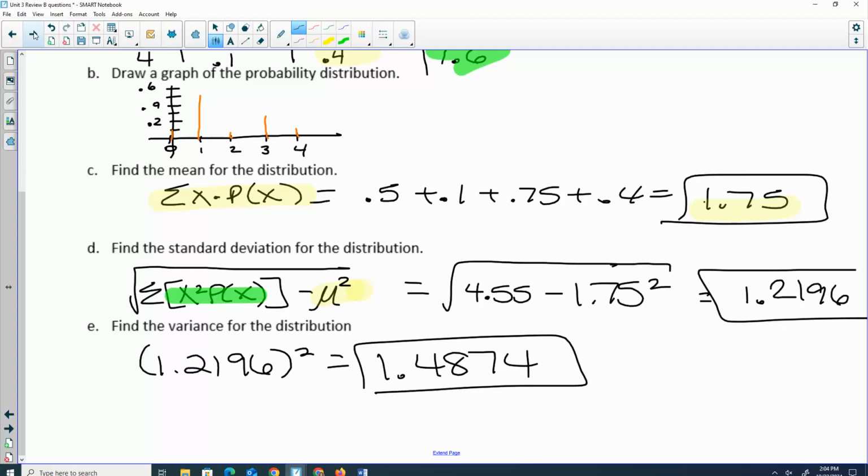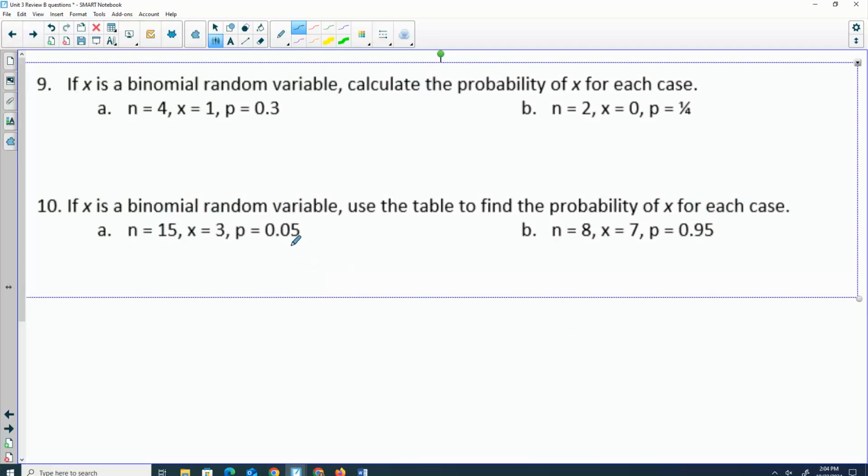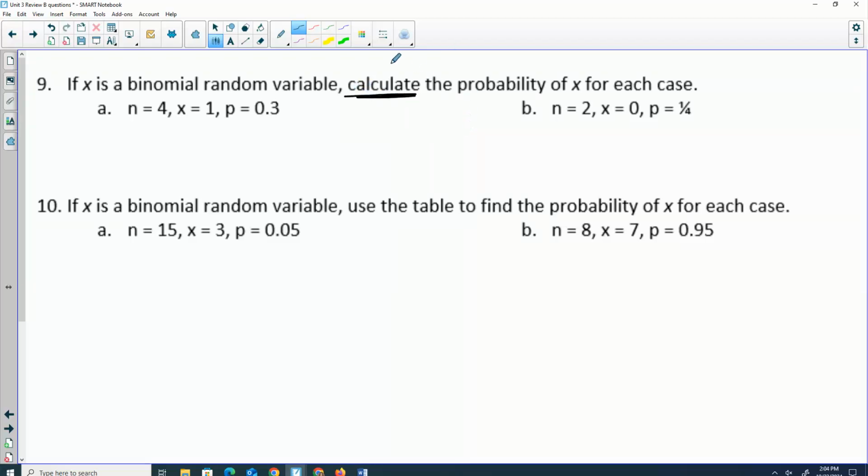So let's get into the last part. This is our more recent stuff, the binomial, like we were doing yesterday. This one says to calculate. If I'm asking you to calculate it, that means by hand, or not really by hand, but using the formula. So remember, our formula is n choose x, p to the x, 1 minus p, so 1 minus 0.3 is 0.7, to the n minus x, 4 minus 1 is 3.